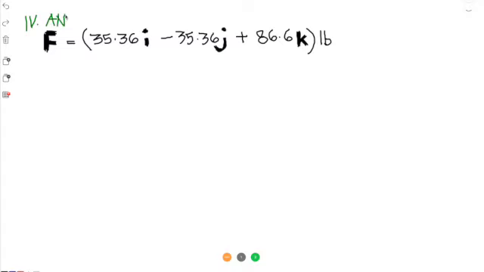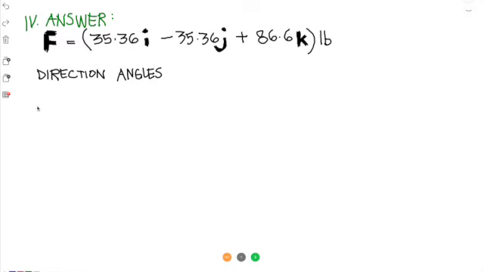So this is our answer for the Cartesian vector form, but we still need to solve for the direction angles or direction cosines. So by now I believe you already memorized in your mind that alpha, beta, and gamma refer to Fx, Fy, and Fz.